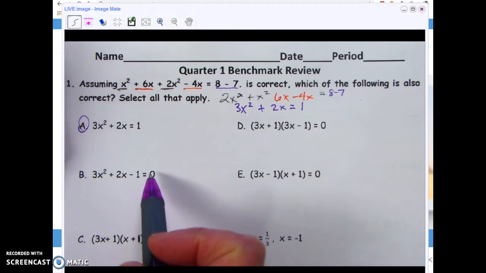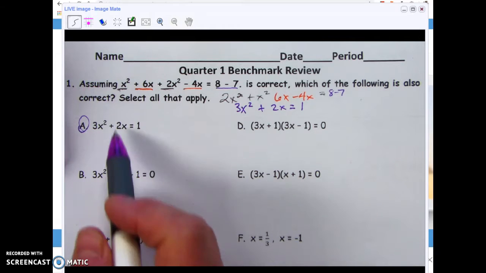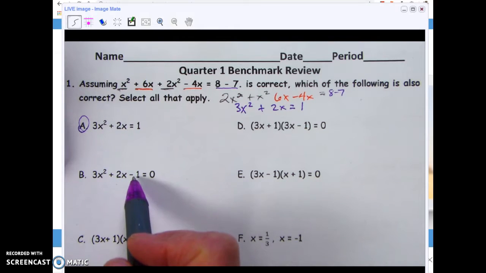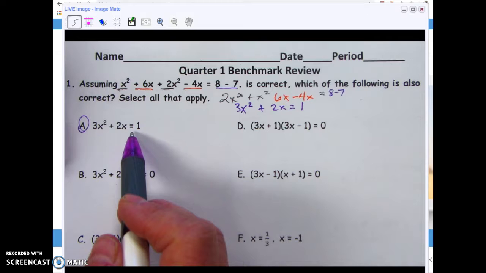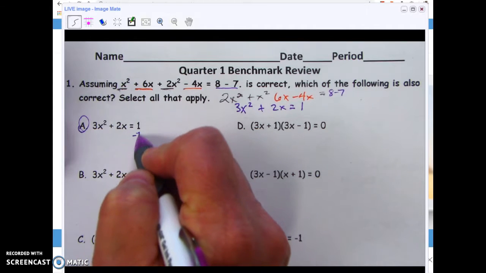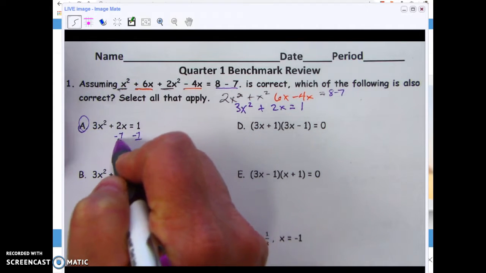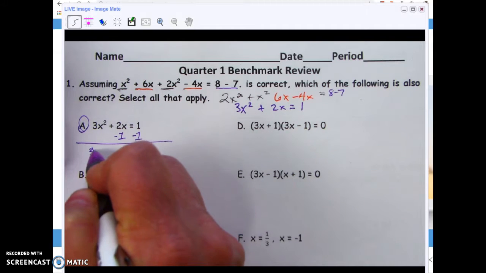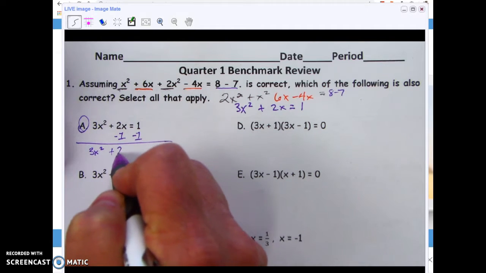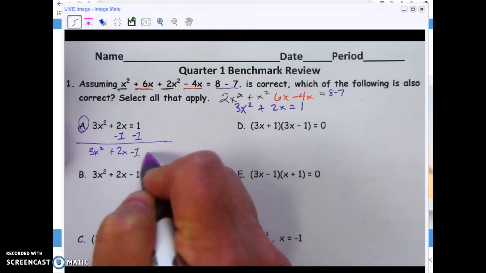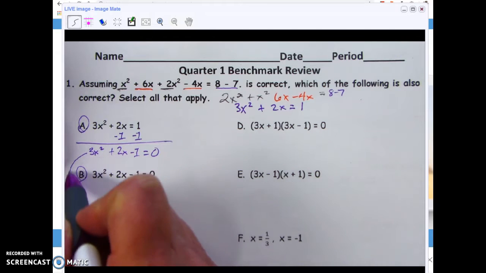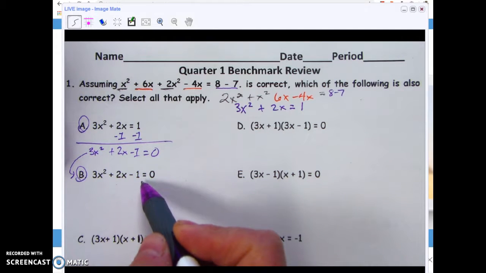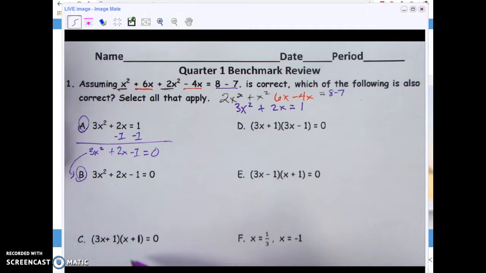I have to do some analyzing here and say, okay, that's the same, but this is a negative one, and it's on the left side of the equal sign, and it's set equal to 0. What would this look like if I set it equal to 0? I would subtract 1, subtract 1. Now I'd have 3x squared plus 2x minus 1 equals 0, which is exactly like that. So that means this one also applies.